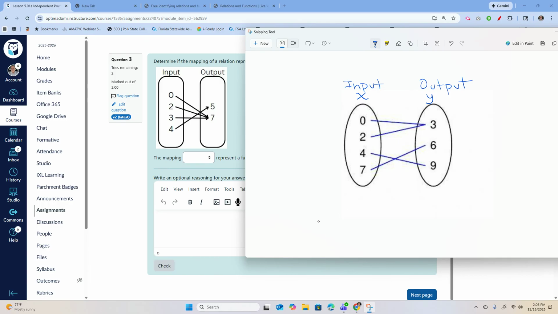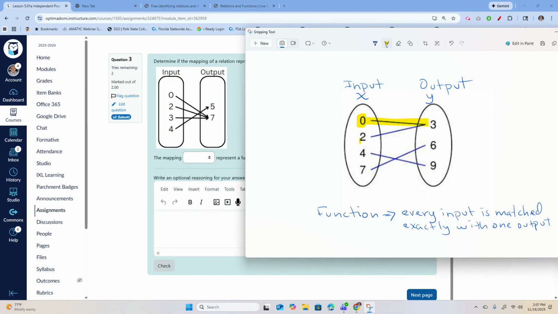And how do we know what is a function? That's what we want to find out: if this relation, these matchings, is a function. Remember, for a function, every input, every X, is matched exactly with one Y value or one output. That's the whole point. And you can see that is happening. The 0 is matched with the 3.